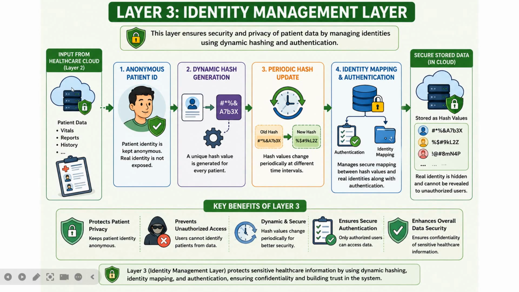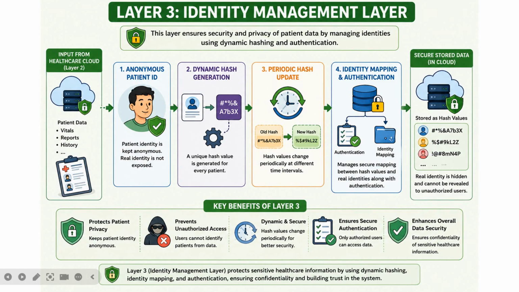Now here you can see that the patient data received from the healthcare cloud layer is shown entering the identity management layer. This data includes health records, vital signs, medical reports, and historical patient information.